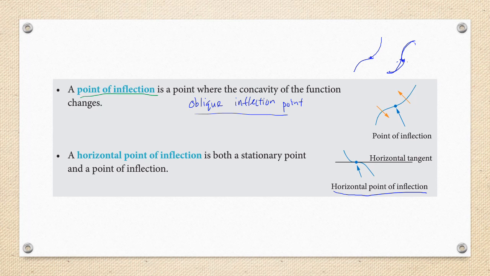For the horizontal inflection point, the gradient at this point equals 0. At the oblique one, if you draw a tangent at this point, the gradient is not equal to 0. If it is 0, the tangent is horizontal, and it is called a horizontal inflection point. So a horizontal inflection point is both a stationary point and an inflection point.